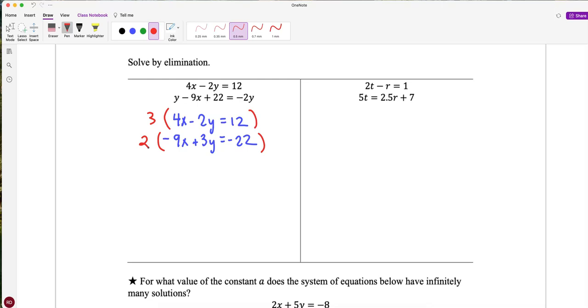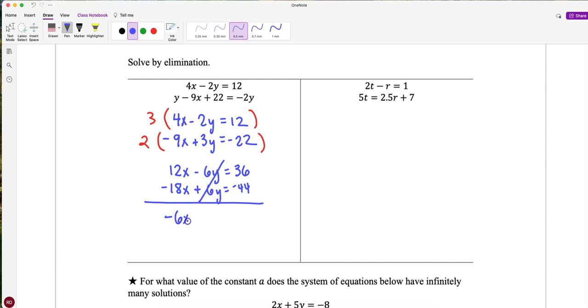So this way I get 12x minus 6y equals 36. The bottom equation is going to be minus 18x plus 6y equals negative 44. The y's are going to cancel.